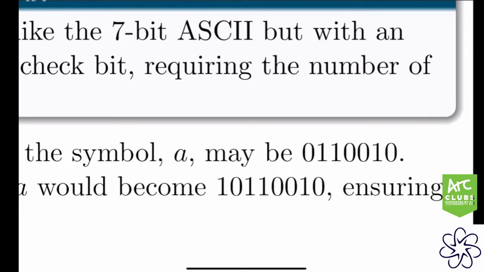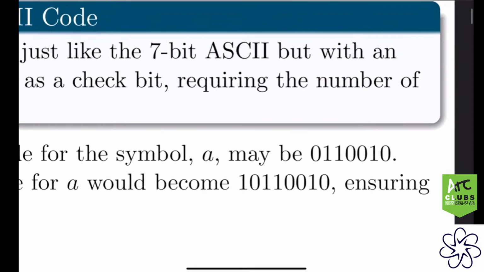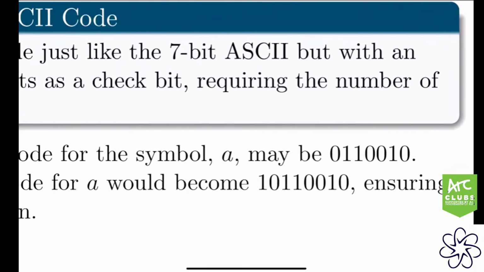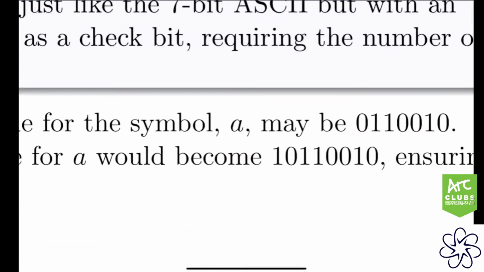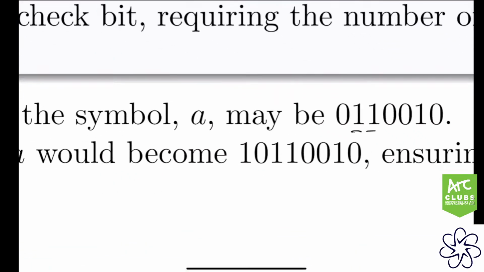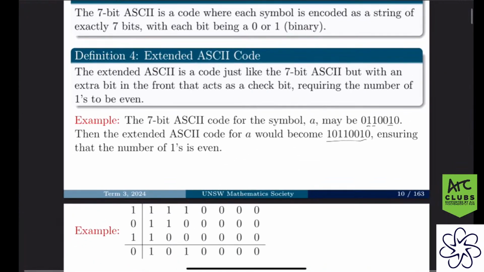This is going to ensure that the number of ones in our code word has even parity, right? So for A, since we have 3 ones in the code word, we would add an additional 1 such that we have 4, an even number of ones. So this is going to be the letter A in the extended ASCII code.